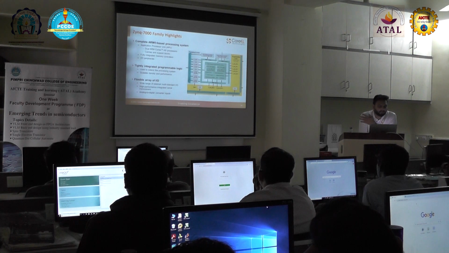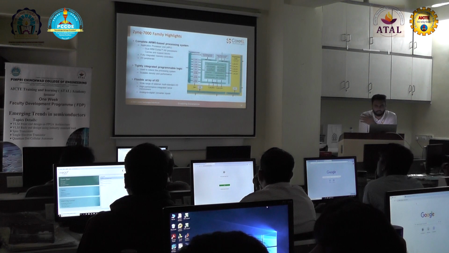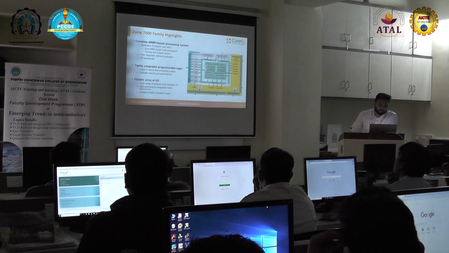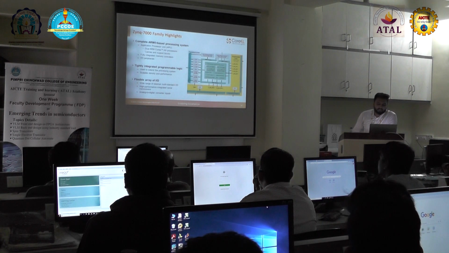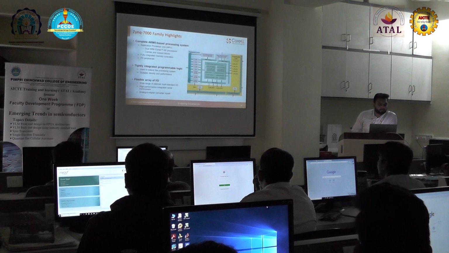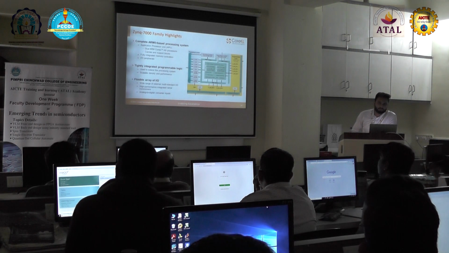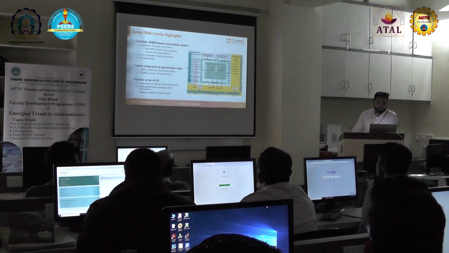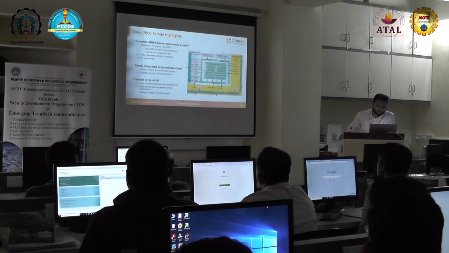I told you the APU is a dual ARM Cortex A9 processor, A meaning application, R meaning real time. It has dual 32-bit ARM Cortex A9 processors with caches and support blocks, L1 caches and L2 caches. We'll go in depth on L1 and L2 in the upcoming slides.